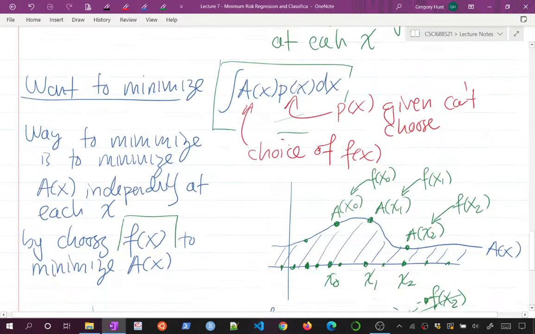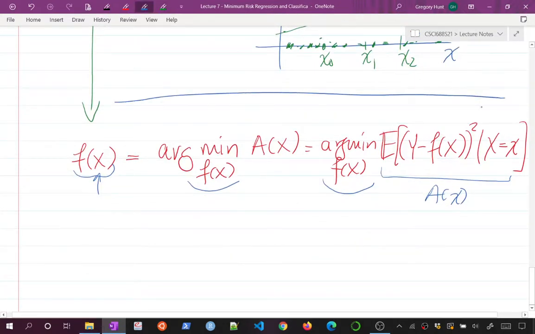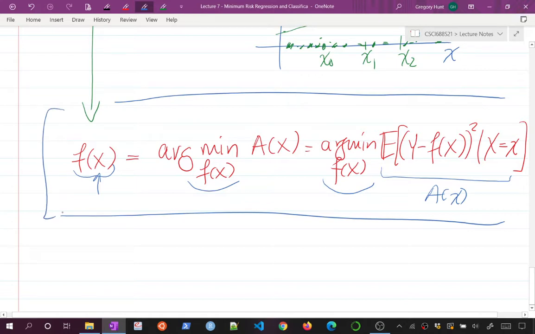So this is the punchline. If I want to say what f is at some little x, remember what this f is: it's this learning algorithm, this learner, f hat, even f hat of x.